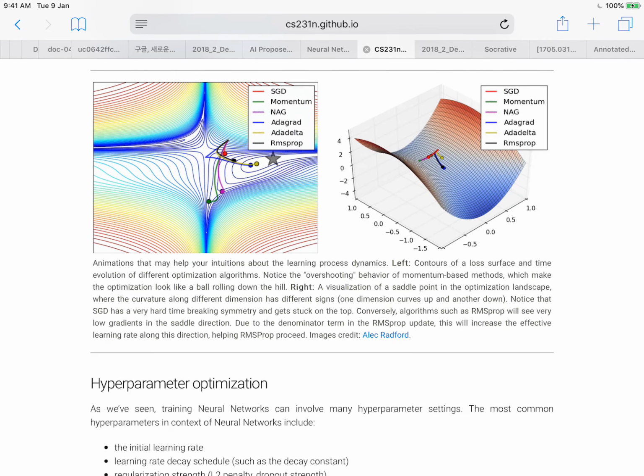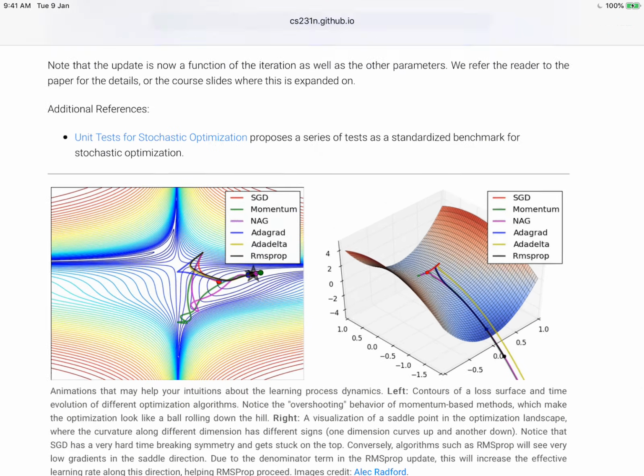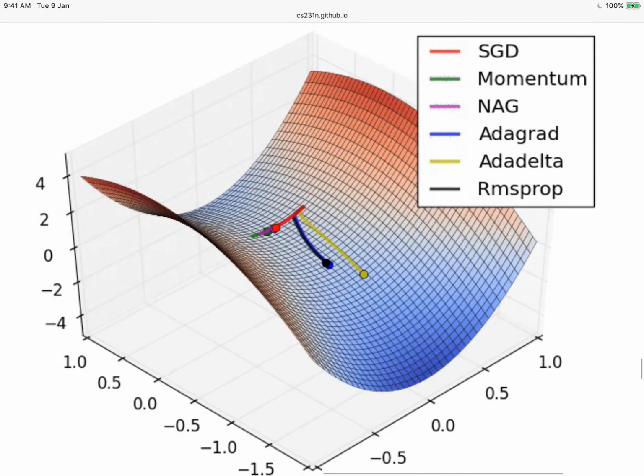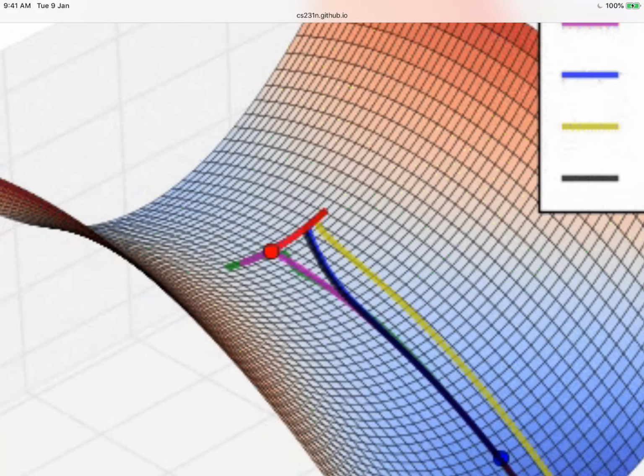One thing that I wanted to show last time was this CS231 lecture note. So this is a saddle point example. Given this saddle point, the gradient across all the different dimensions will almost be 0, right?